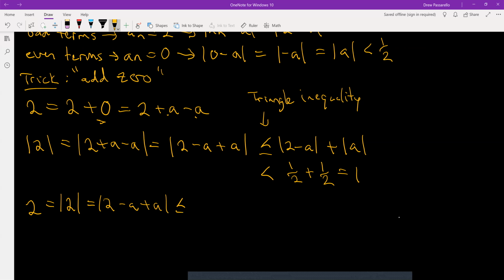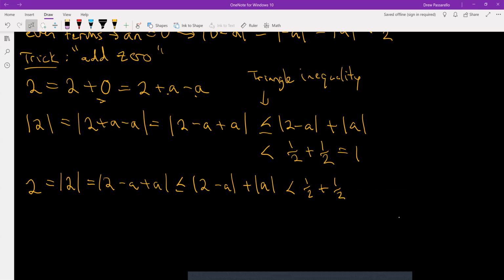Applying the triangle inequality, when you add these two things together, they're less than a half plus a half, and 1/2 plus a half is 1. So essentially we're saying 2 is less than 1, which doesn't make any sense, right? So that's a contradiction.